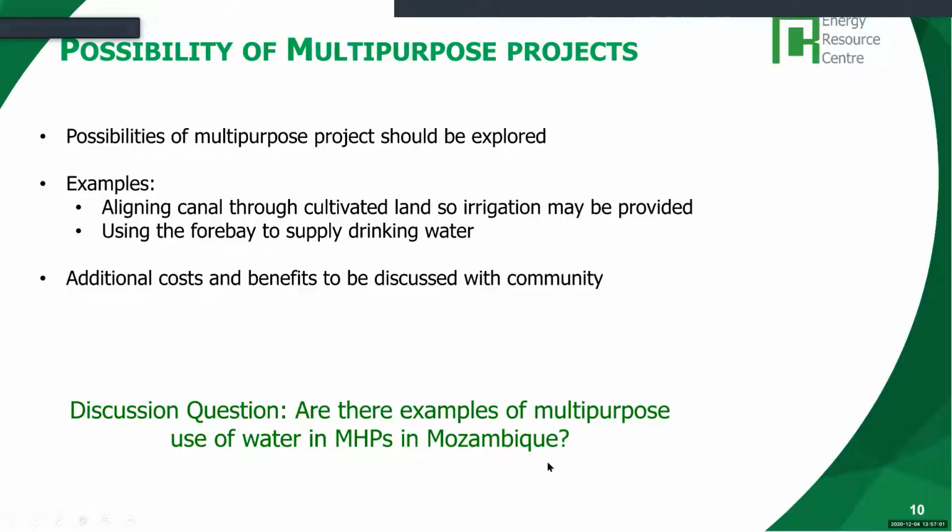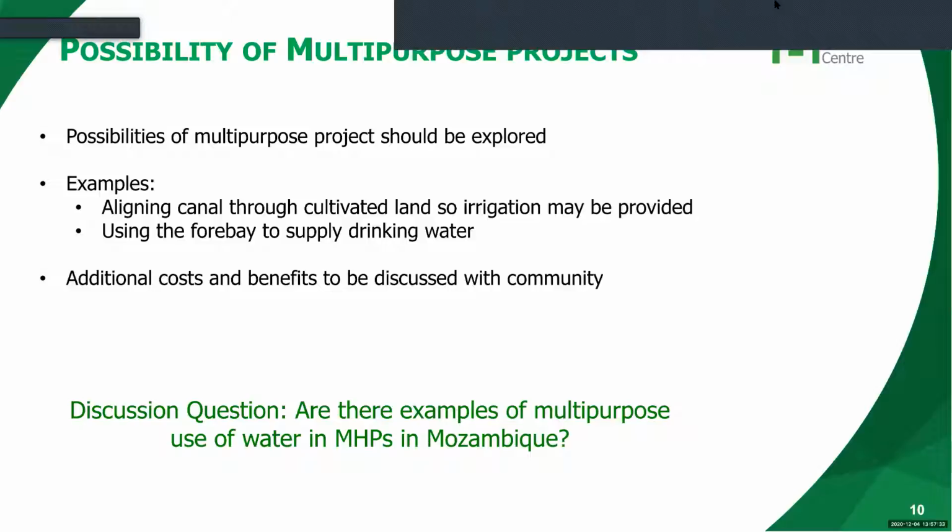So I would just like to spend about 5 minutes on the possibilities of having, in Mozambique, a mini hydro project where part of the canal or part of that water will be used for irrigation or water supply.